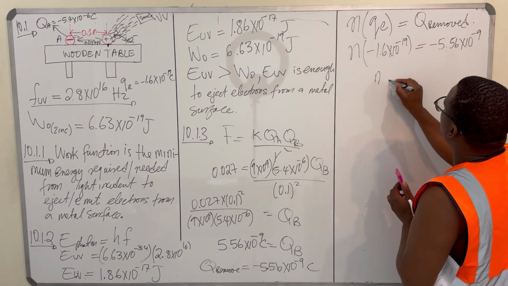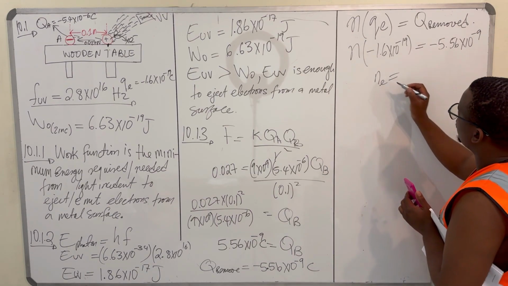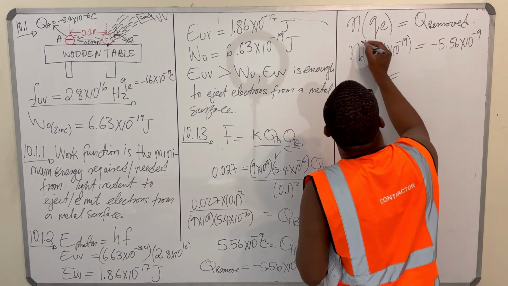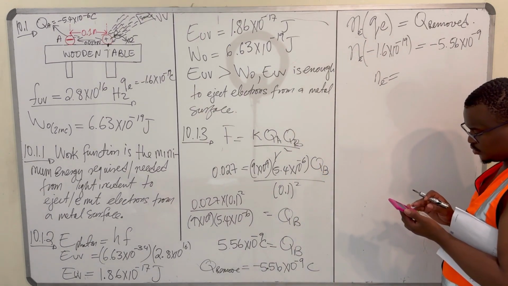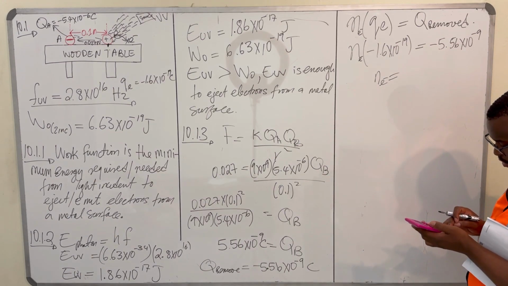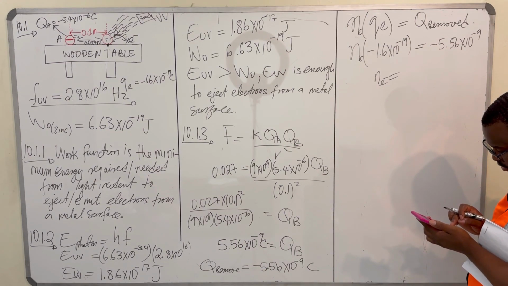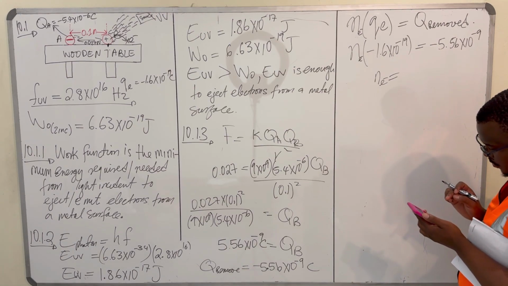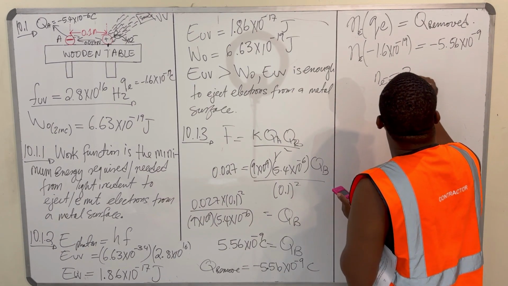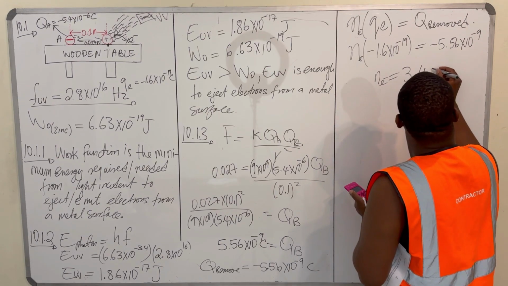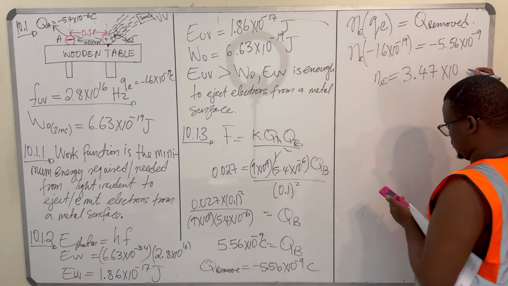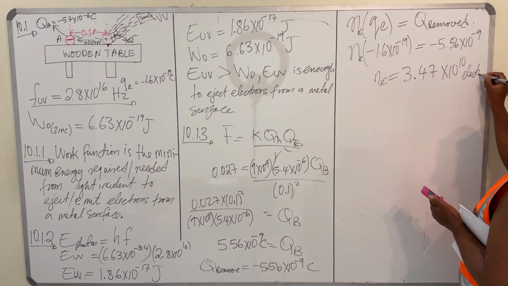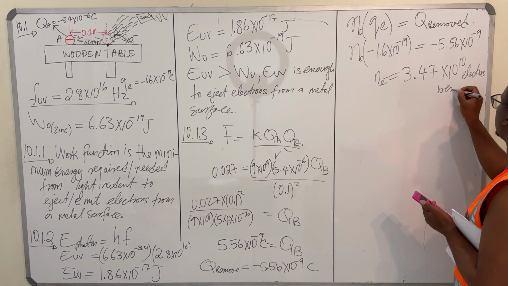So the number of electrons removed is equal to this divided by an electron charge, 1.6 times 10 to the power minus 19 Coulomb, which is 3.47 times 10 to the 10 electrons were removed.